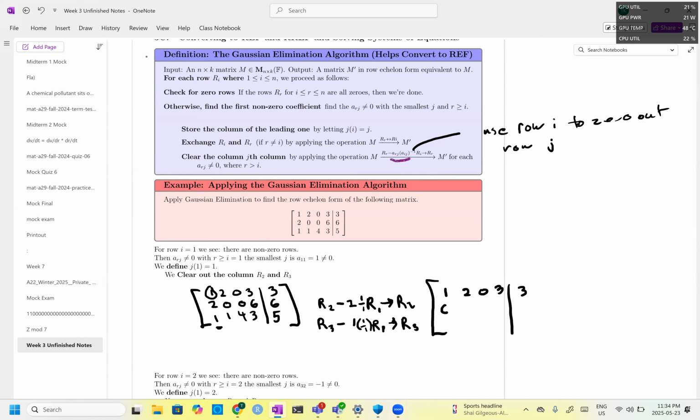So I get 0. Then I get minus 4. And I get 0. And I get 0 because 6 minus 6 is 0. 3 minus 6 minus 6 is 0. Here I get 1 minus 1, 4, 0, 2.